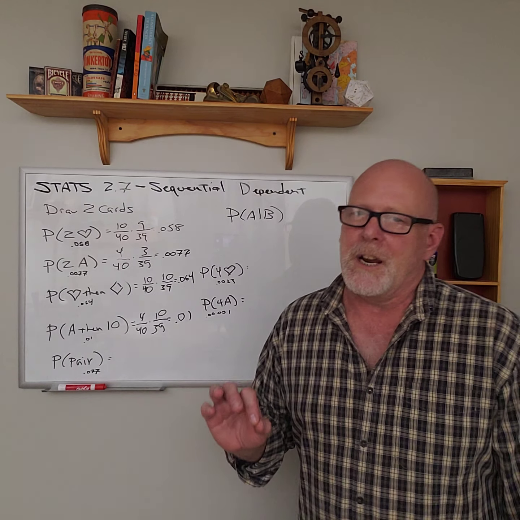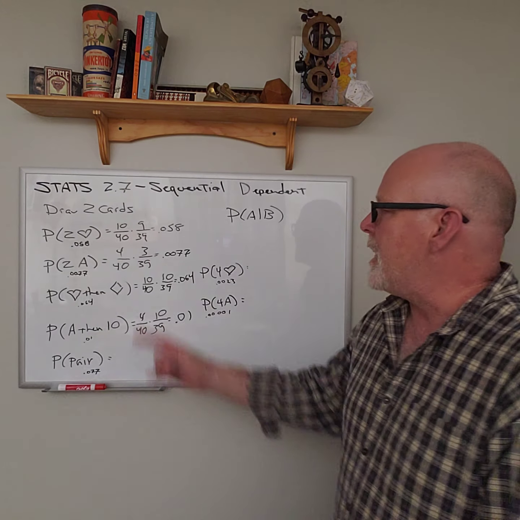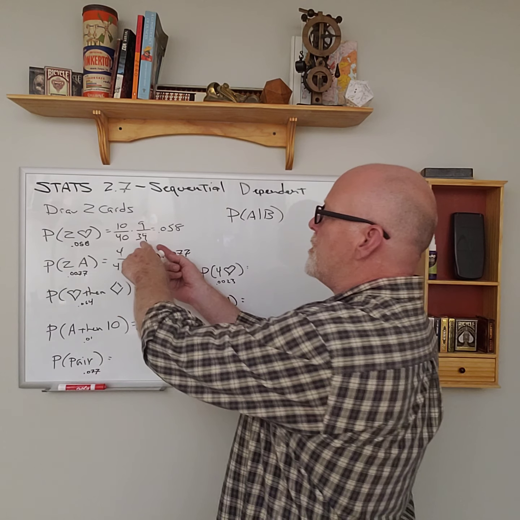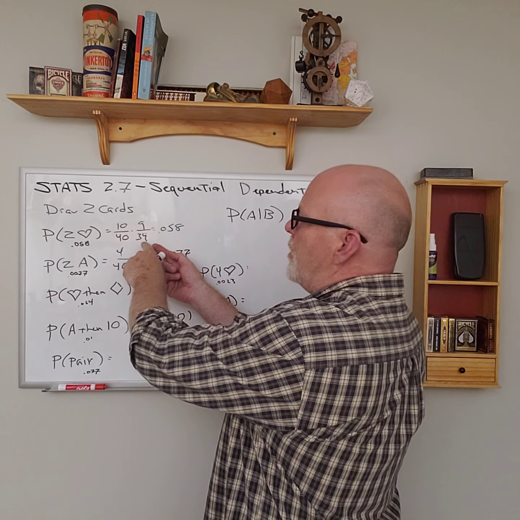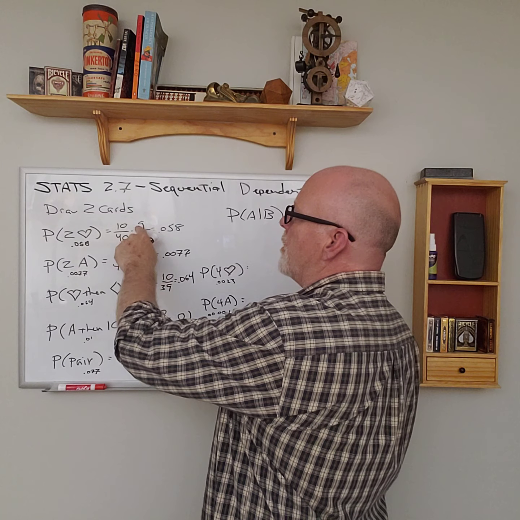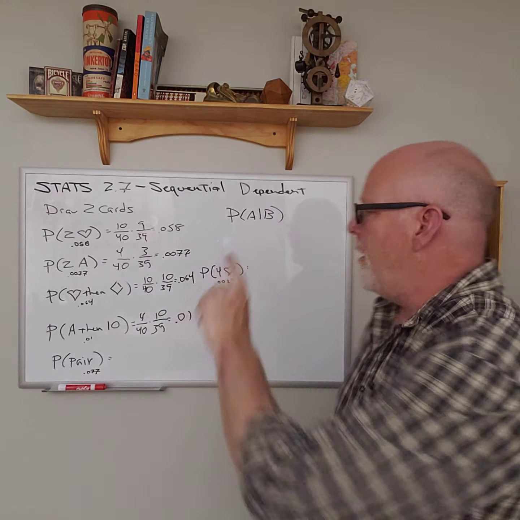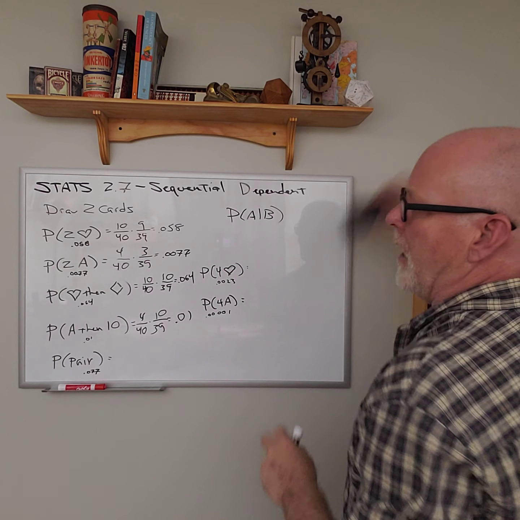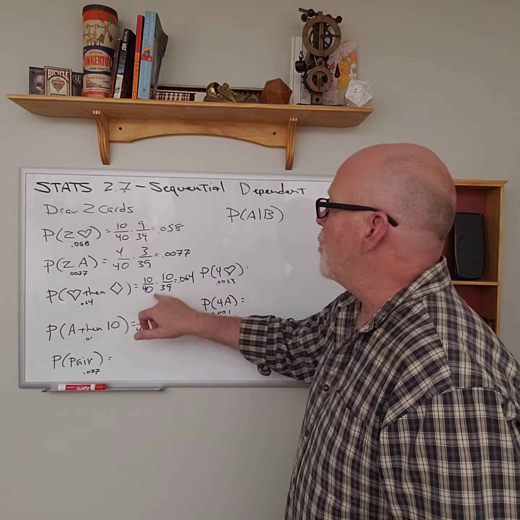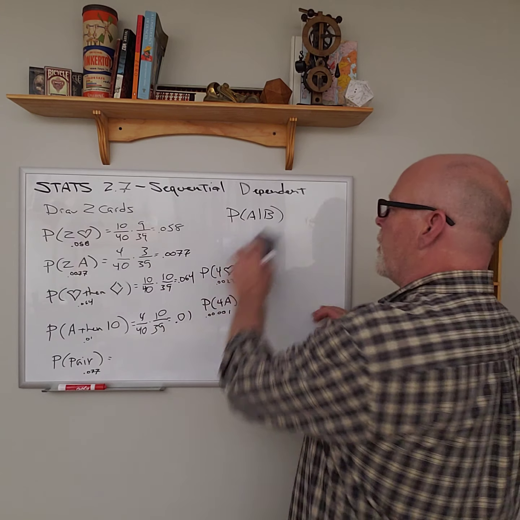I'm not going to hold you accountable for that notation, but that's what we're talking about here. What's the probability of drawing an ace on the second card given that you already drew an ace on the first? So the deck's going to be smaller, the number of aces is going to be smaller. That's what this notation is talking about. So don't let that notation scare you. It's very simple. It's something you know how to do. We're just not bothering with the notation.